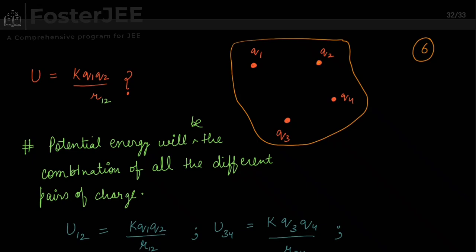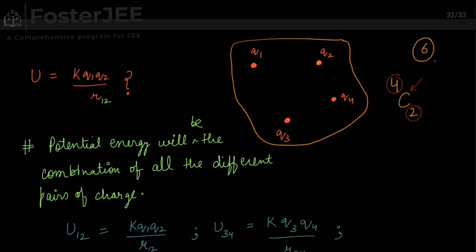But since we have 4 charges, and each interaction is between 2 particles, we have to select 2 particles from 4 particles, and the number of ways of doing it is the total number of equations. By permutation and combination, we know it is 4C2. That is, we have chosen 2 particles from 4 particles.